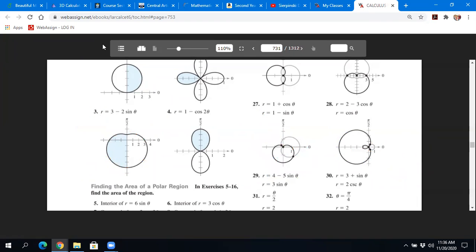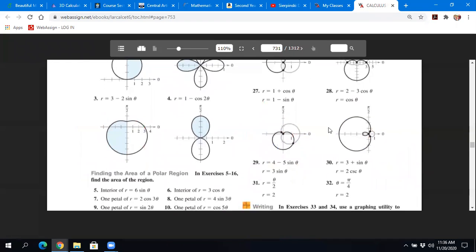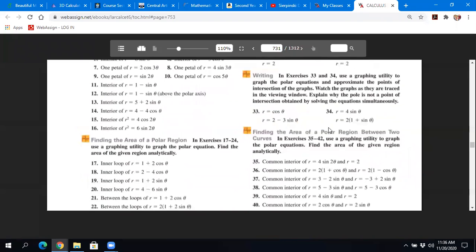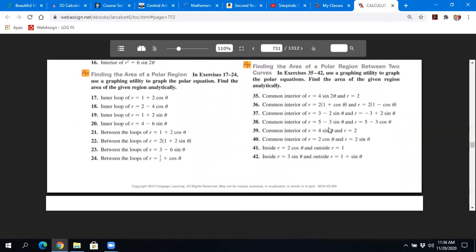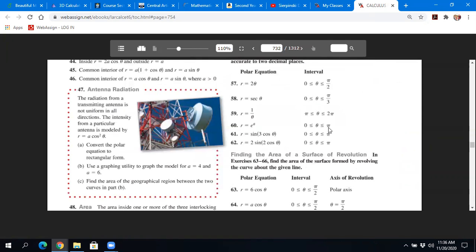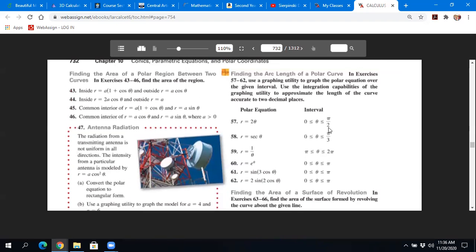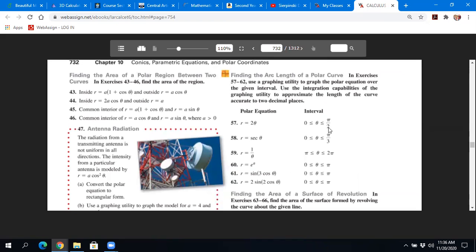Let's find one that's having to do with arc length. So remember the formula for arc length.